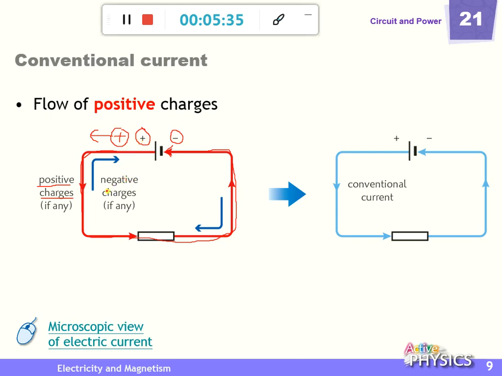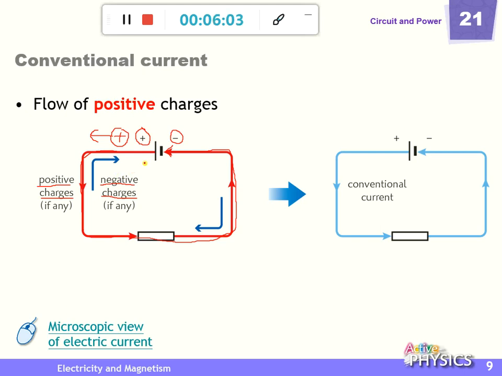Okay, but unfortunately, finally we found that positive charge cannot flow through like this because they form the structure. The structure cannot move. In order to bring the energy or the charge in the circuit, we should focus on the negative one. And then the actual case is the electron flow inside the circuit.